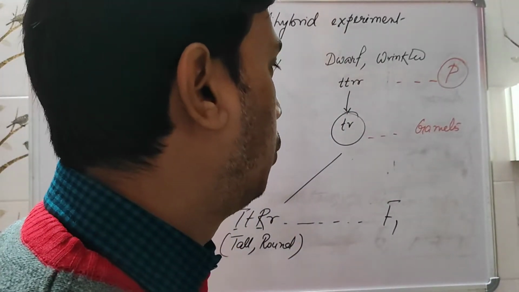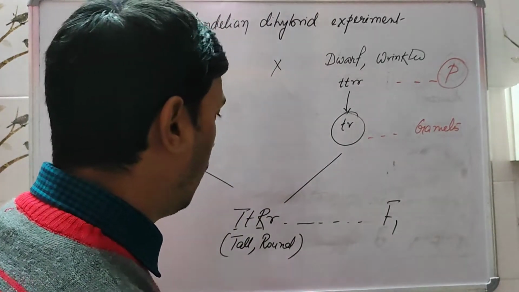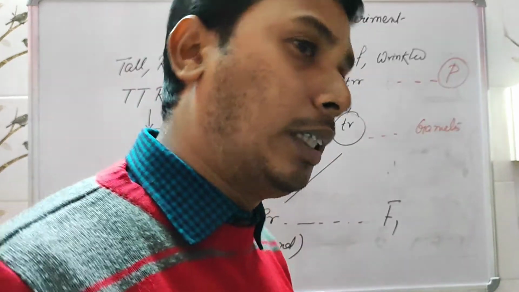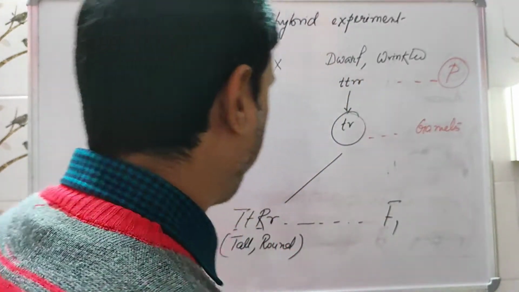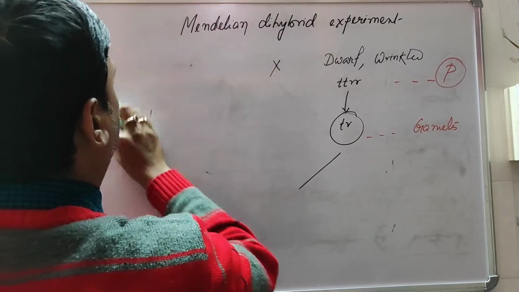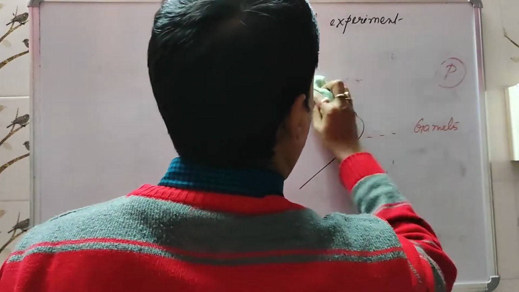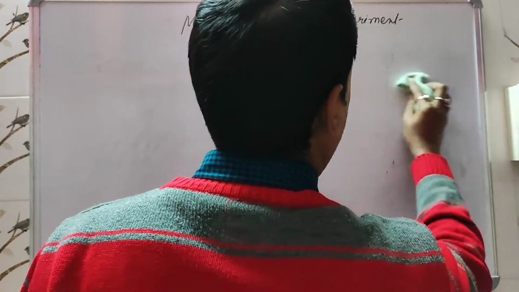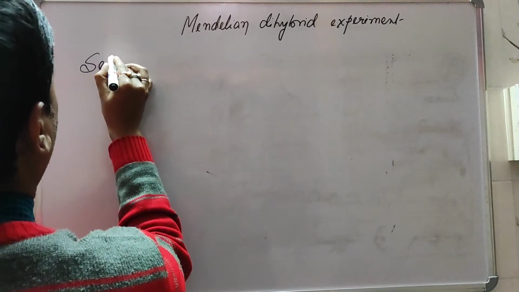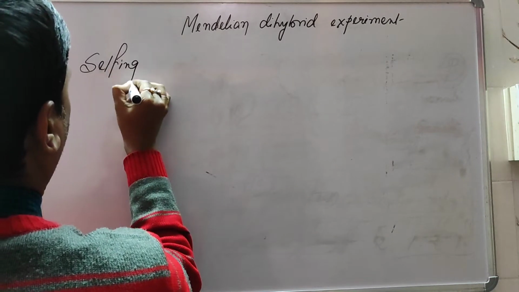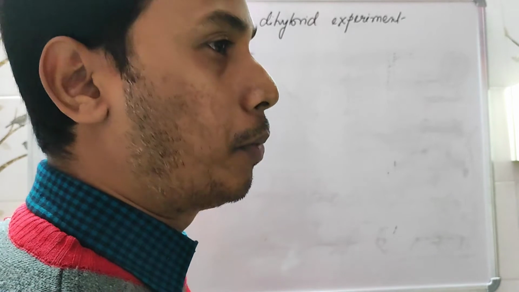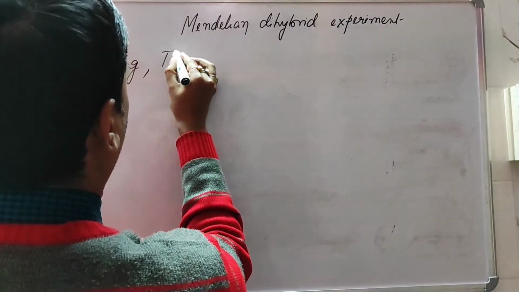Now we have to do the selfing. Selfing means the offspring which we obtained here, we make a cross between the same offspring. In selfing, we are making a cross between the offspring of F1, so F1 cross F1.